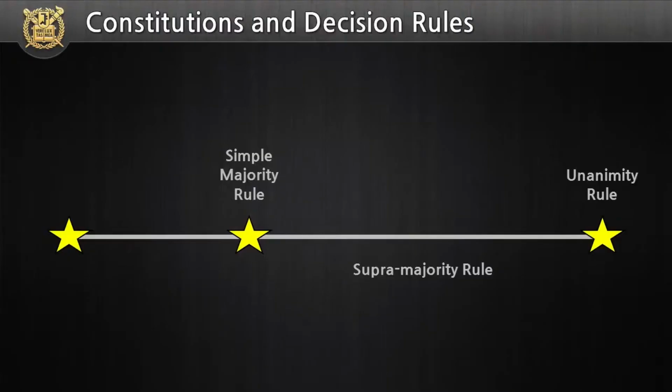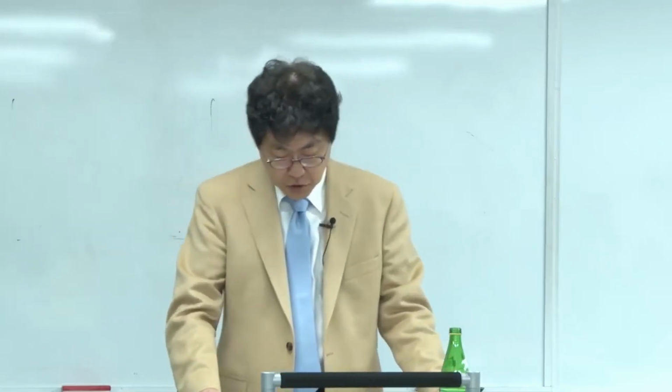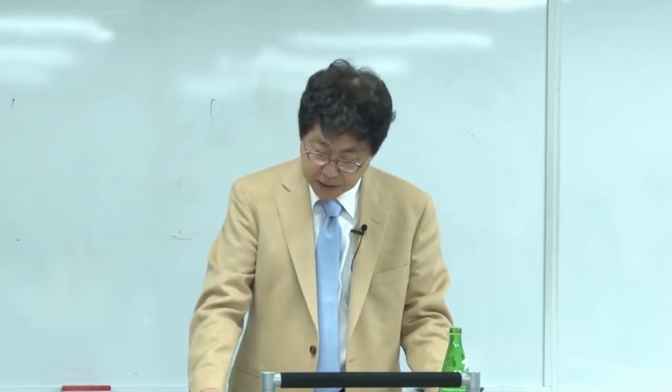Obviously, the most extreme voting rule is the unanimity rule. Everybody must agree, okay? Otherwise, change does not happen. Which also means that any one member can block any decision, right?